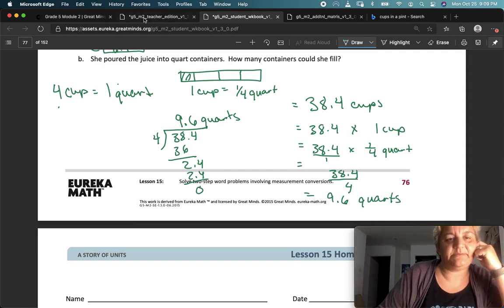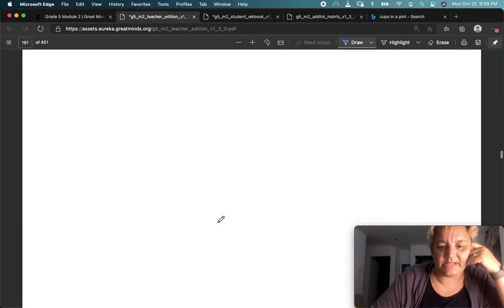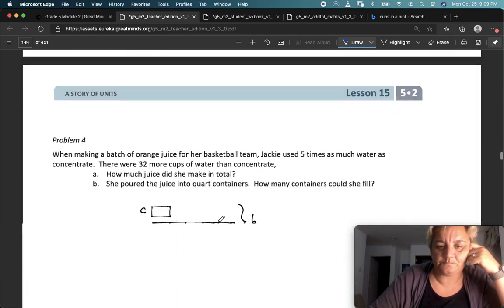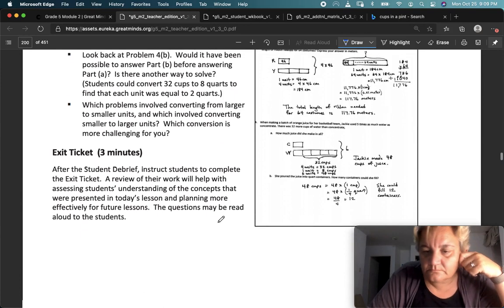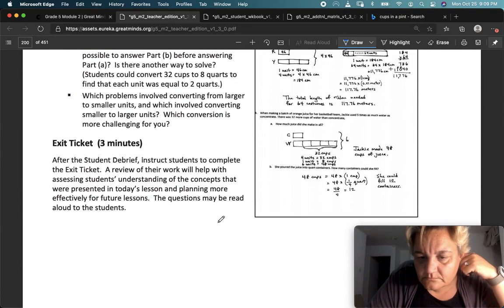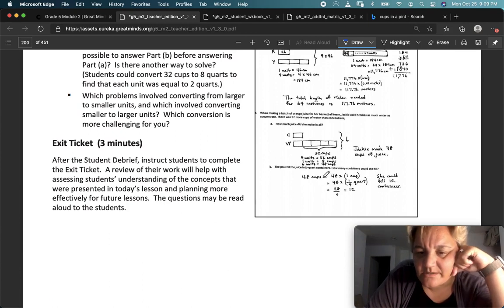Yeah, let's just double check our answer key on that one. They got 48 cups here. Okay. So I made a mistake.